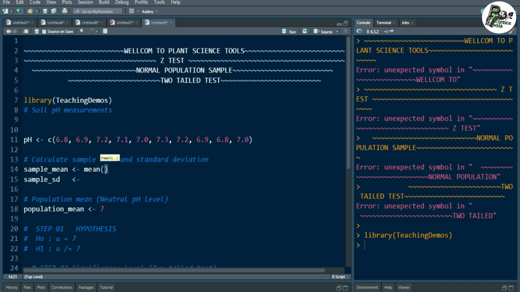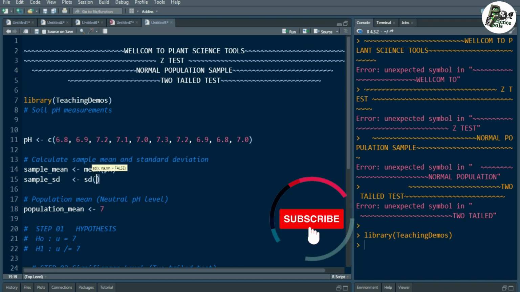We can calculate the mean by using the mean function, and also we can use the sd function, which is used to calculate the standard deviation. In this way you can calculate the mean and standard deviation of the given values.